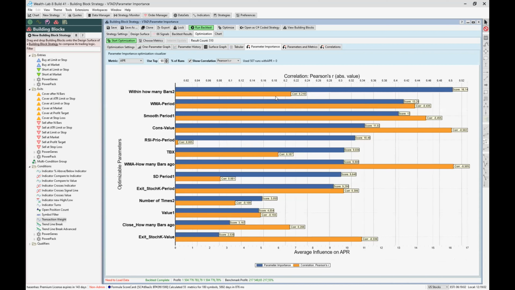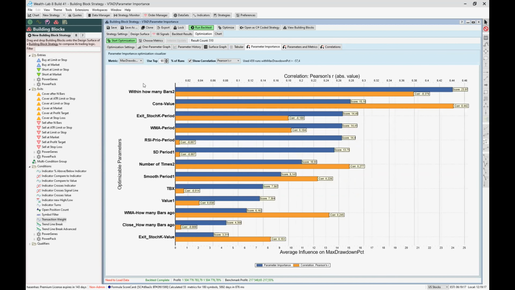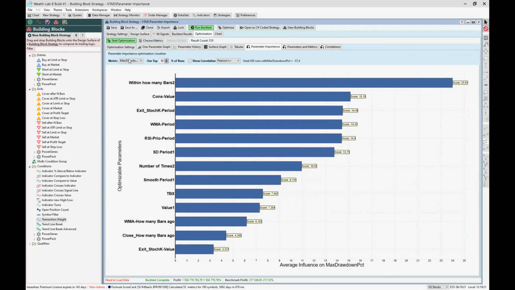But you can learn a lot of things about how indicators work, how indicators will influence your performance. But of course, not just the performance. Let's say also our max drawdown, for example. Yeah. How important is each parameter for a different metric? Max drawdown. Yeah. So you learn a lot of things about trading in common, about your trading system. I think it's a good way to get more insights about what really works in trading.